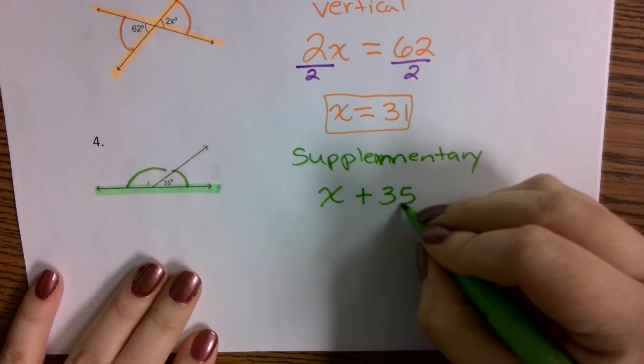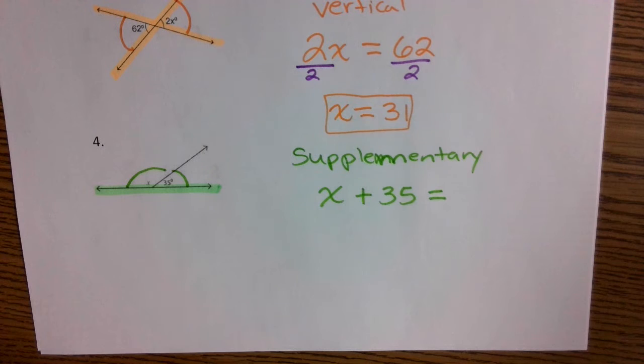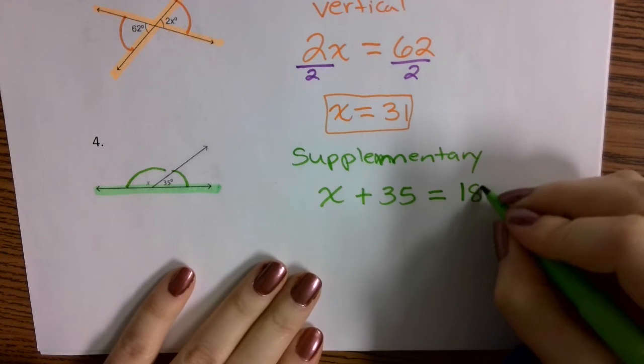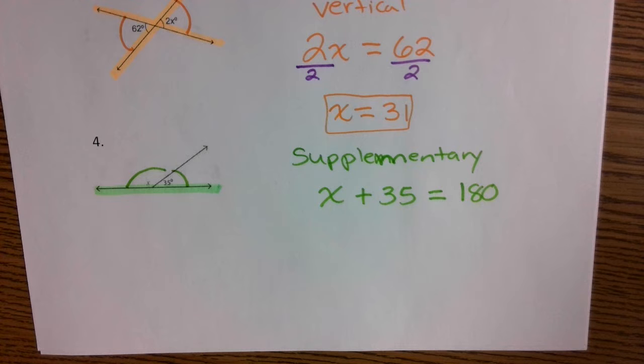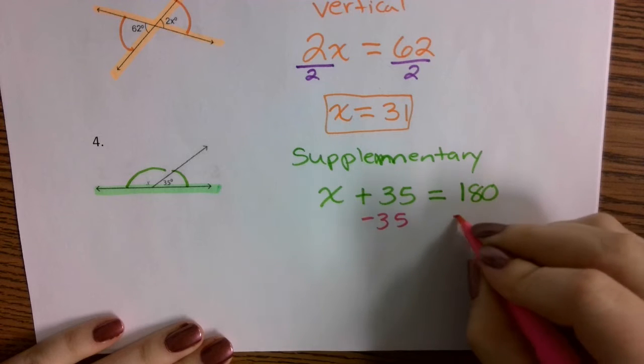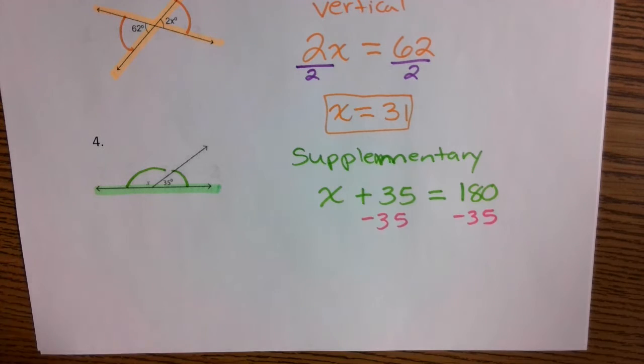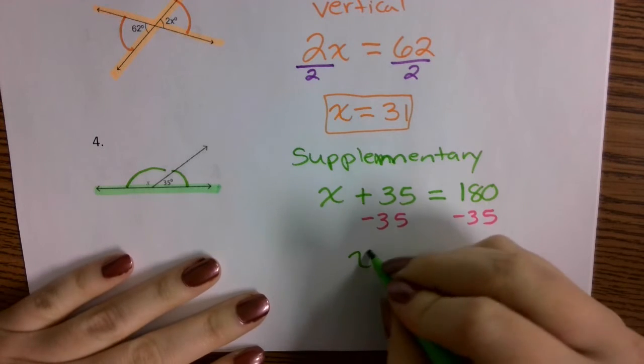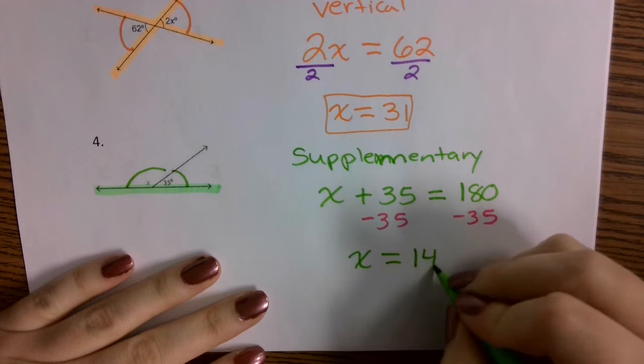For supplementary angles, when we add the two angles together, what will it equal? Who said that? Say it louder. 180. It's going to be set equal to 180. Okay. Inverse operation of addition is to go ahead and subtract. So we're going to subtract 35 from both sides, and we'll get that x is going to be equal to 145.